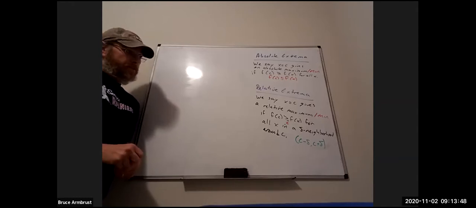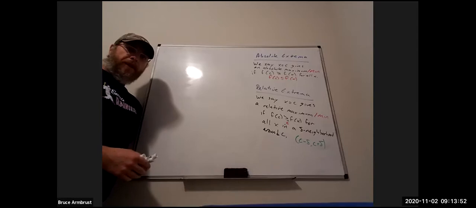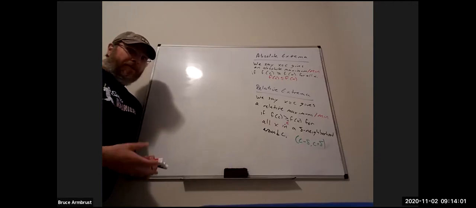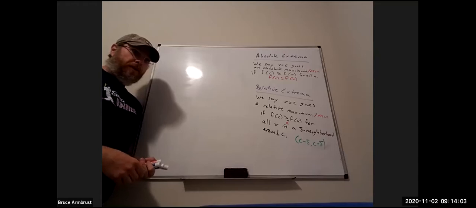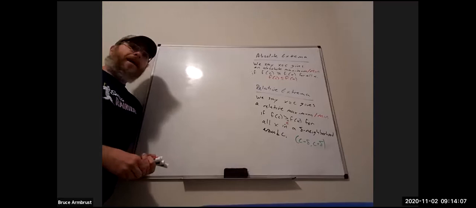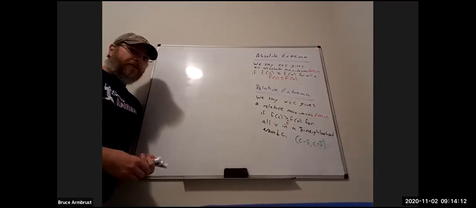So relative extrema, they're also sometimes called local extrema. So you can have a local max or a local min. And it is exactly what it sounds like. It's a highest point in the general area. It may not be the highest point overall in the function, but it's the highest one locally.